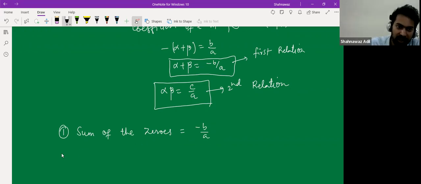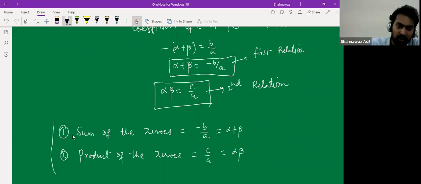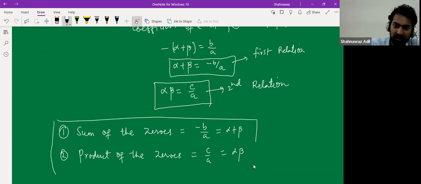And the second is that the product of the zeros is c by a. So this is alpha plus beta, and this is alpha into beta. These are the two relations for a quadratic equation.